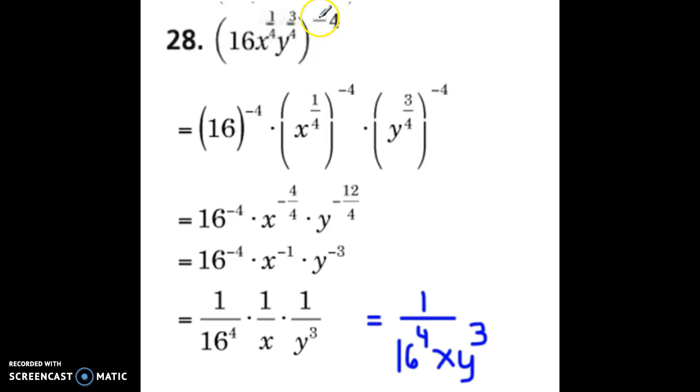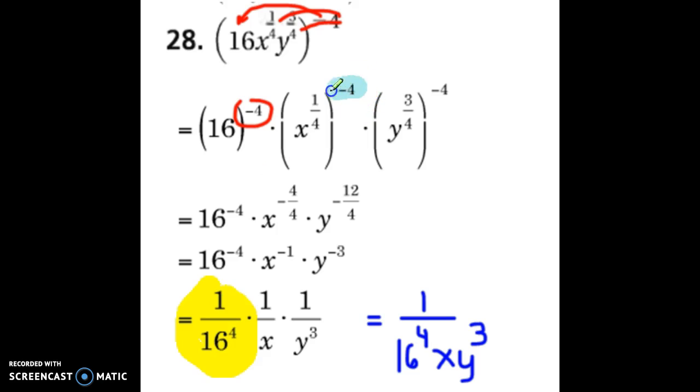Number 28, I'm going to go ahead and simplify this. I'm going to distribute my negative 4 to everything inside of the parentheses. So 16 to the negative 4, that negative means change locations. That's how I got 1 over 16 to the 4th.